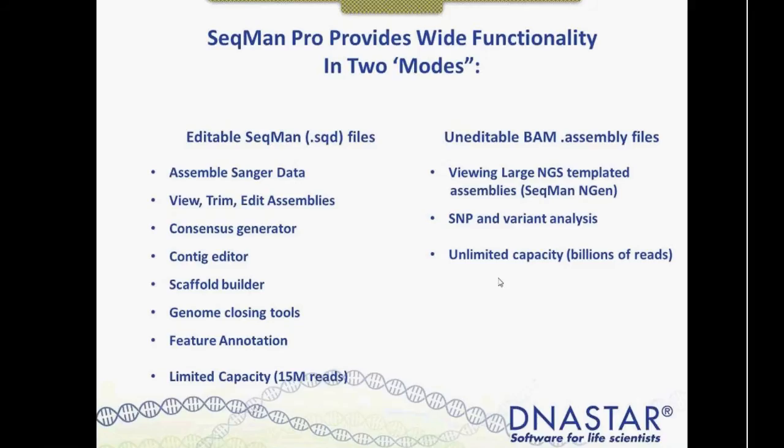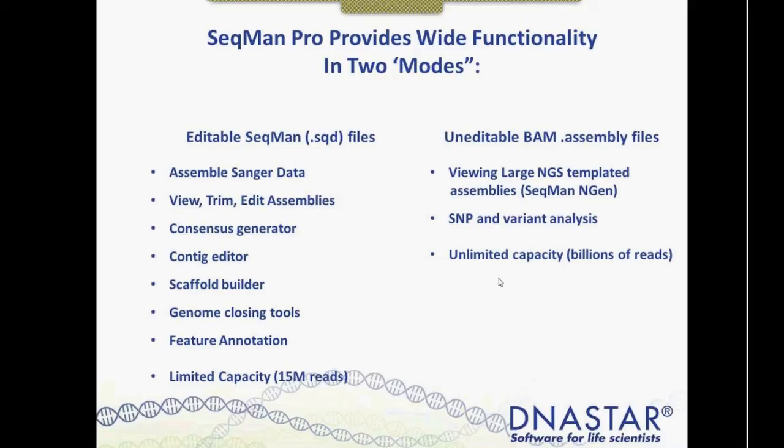So the topic for today is really SeqMan Pro and the functionality that it provides, and I'm going to try to explain the 2 different modes that SeqMan Pro is used in. This can be a bit confusing because there is one interface that does 2 quite different things.